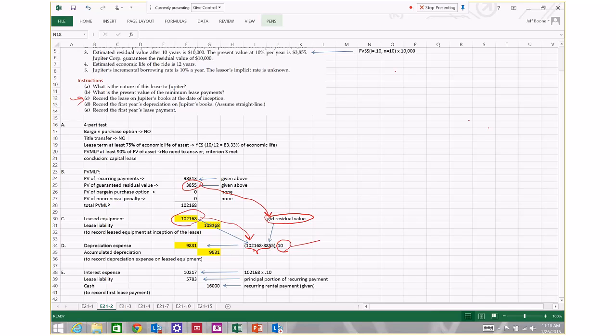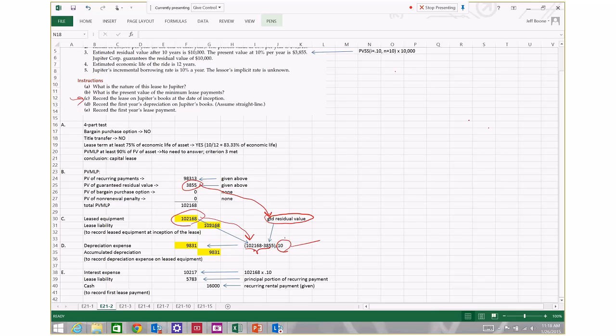And the normal depreciation period is the lease term. The only circumstance in which you depreciate the leased asset over a period other than the lease term is if the lease contains a bargain purchase option or the lease transfers title to the lessee at the end of the lease term.